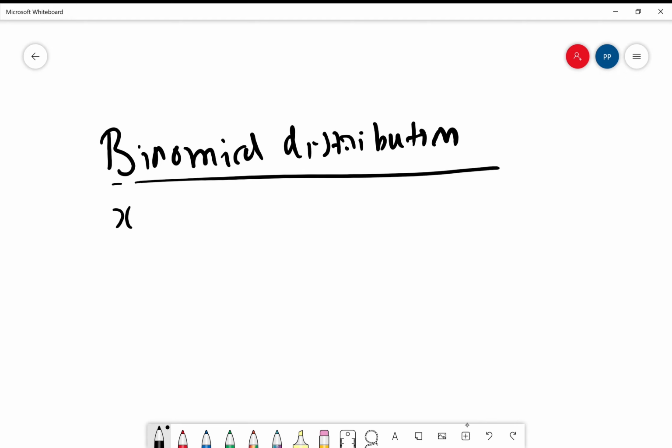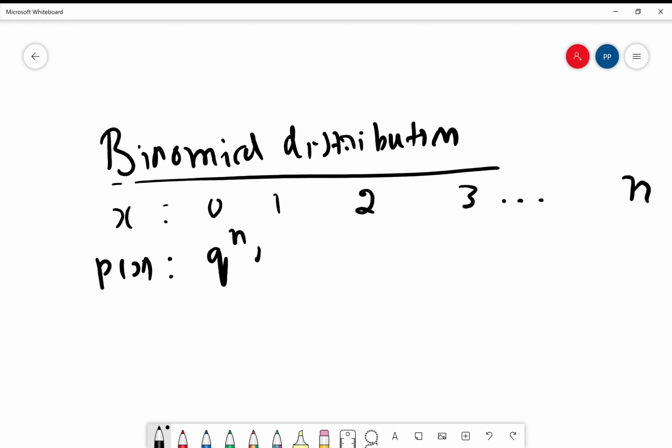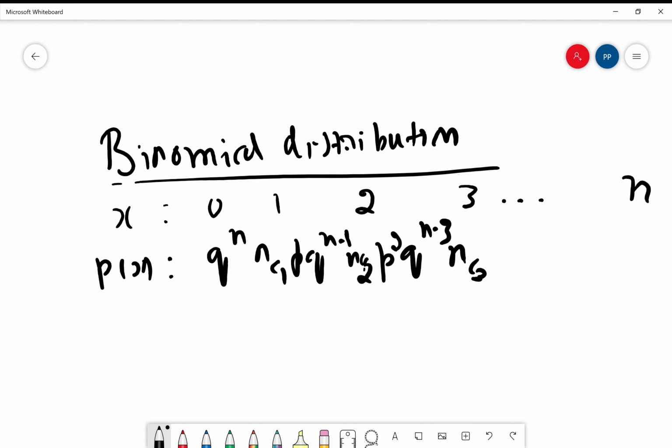X takes the value from 0 to n: 0, 1, 2, 3, etc., n. So P of x takes the values q to the power of n, nC1 into p into q to the power of n minus 1, nC2 into p square q to the power of n minus 2, nC3 into p cube q to the power of n minus 3, etc., p to the power of n.